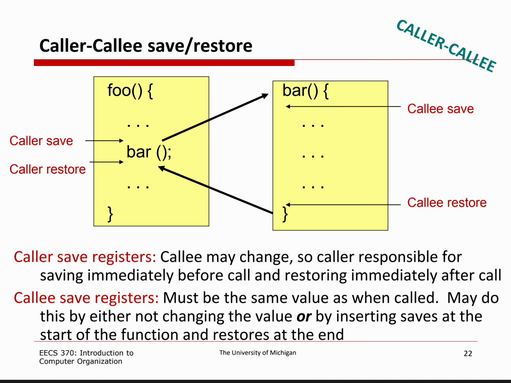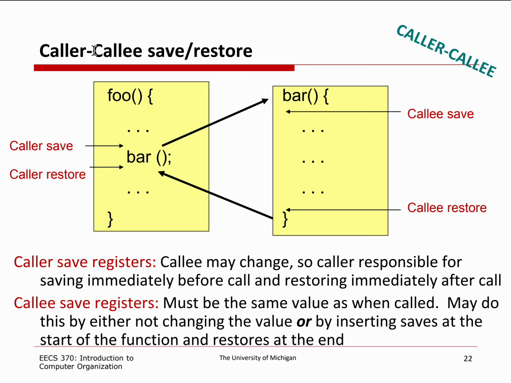We'll start by saying what a caller and a callee save is. Caller save is a save and restore that you do before and after every function call that a function does.